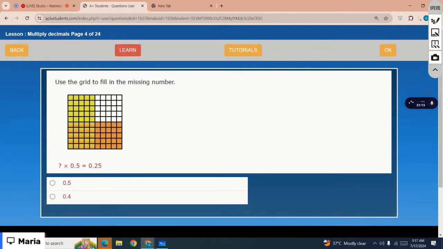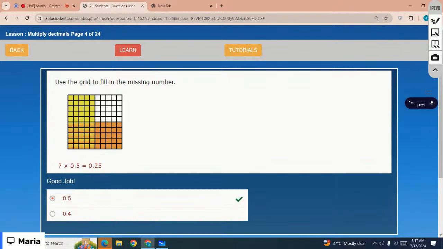It is option number 1 is the correct option. 0.5 times 0.5 makes 0.25. So option number 1 is the correct option.